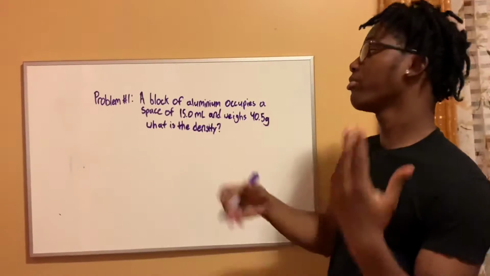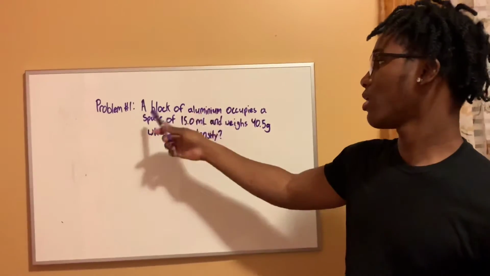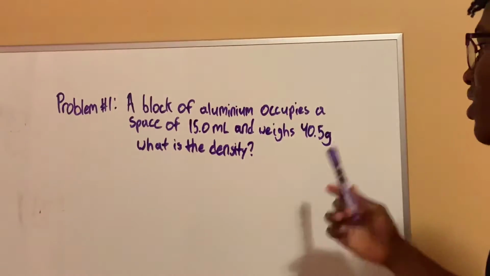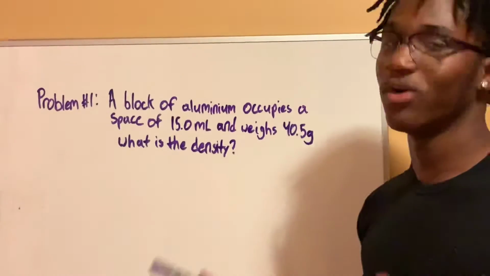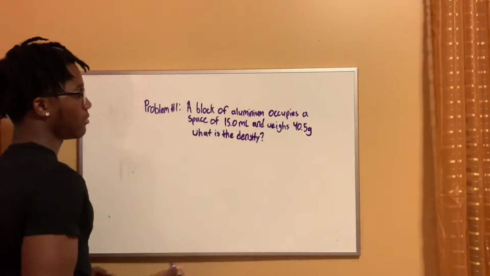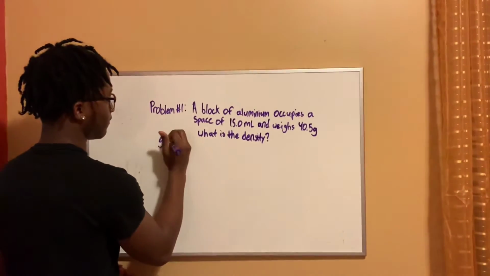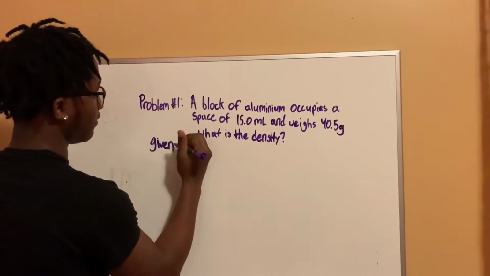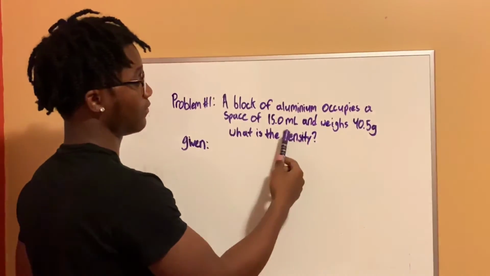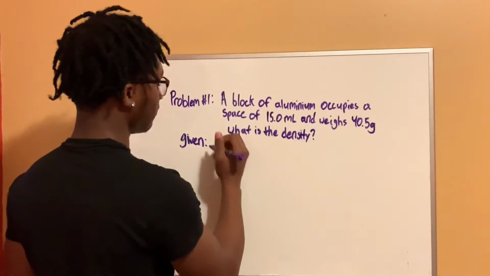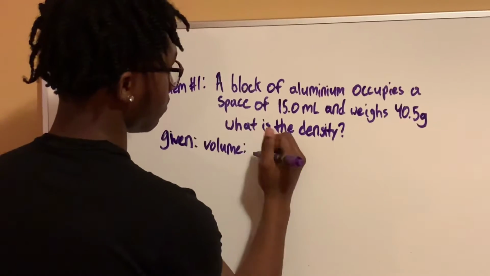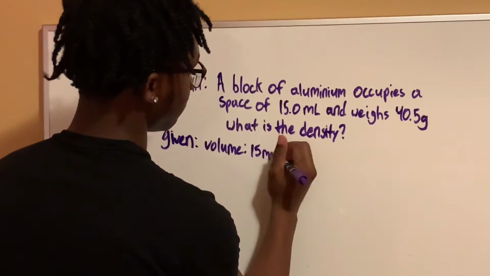All right, our first problem is gonna be a block of aluminum occupies a space of 15 milliliters and weighs 40.5 grams. What is the density? So first thing we have to do to solve one of these problems is write down our givens. It gives us our volume, which is 15 milliliters.